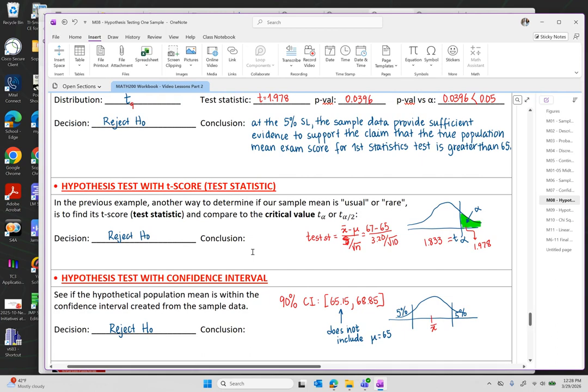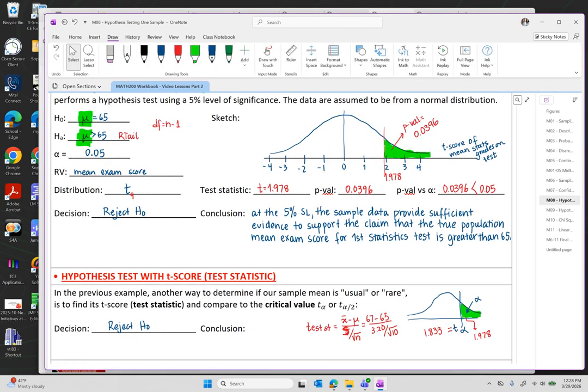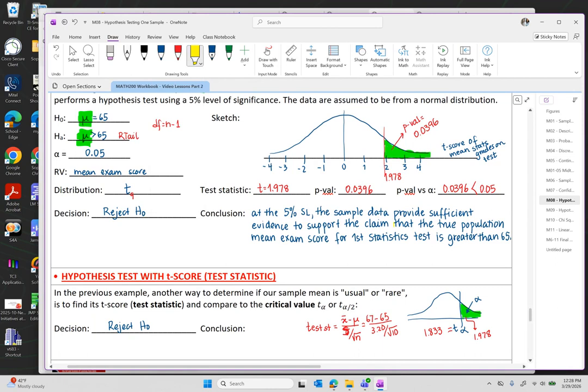Notice again here that the claim you are supporting is the alternative hypothesis. So when you state this claim, this claim is exactly your alternative hypothesis, that mu, which is the population mean, is greater than 65.